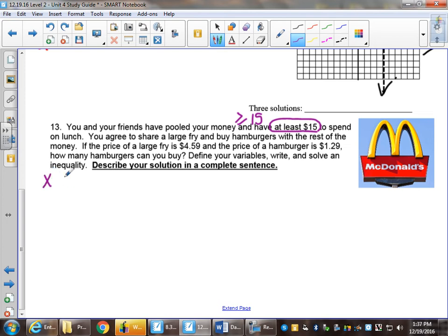So we're going to let x be number of hamburgers. And y will represent number of fries.